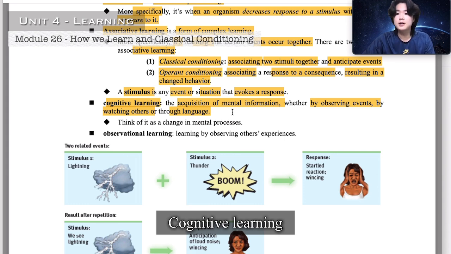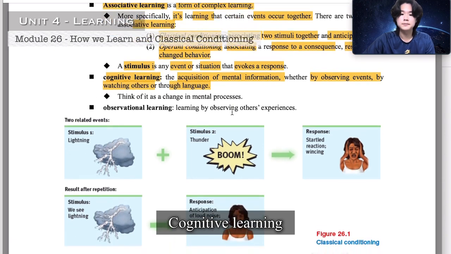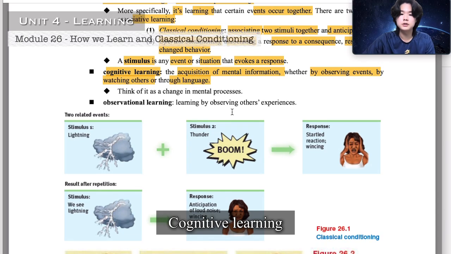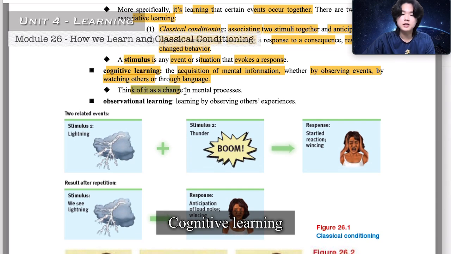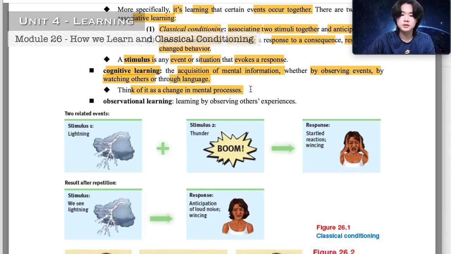Because the first time, you don't know how to do it, but then by observing your dad shaving his beard, you learn too how to shave your mustache. So this is by watching others. Think of it as a change in mental processes.